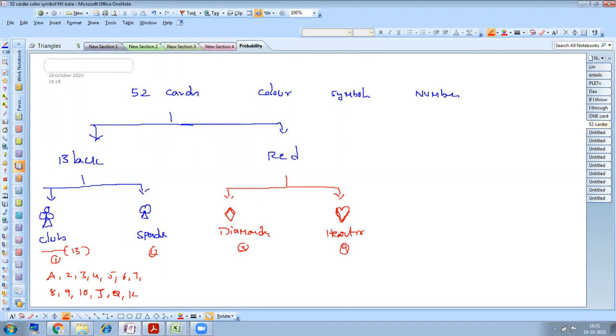With the same kind of numbers, 13 more cards. Same kind of 13 more cards. The same kind, 13 more cards. So now 4 into 13 is a total of 52 cards. This is the structure of the total set of a pack of playing cards.